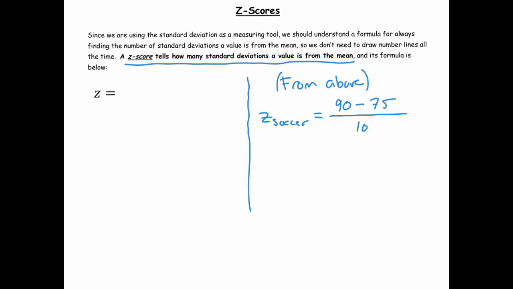Okay, so 90 minus 75 was a distance of 15, and we saw that, jumping using 10 as a jump length, 1.5 of those went into that distance.